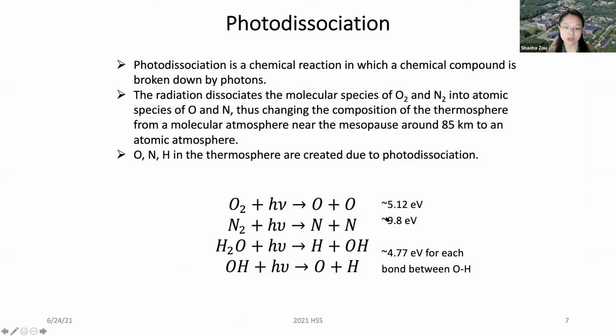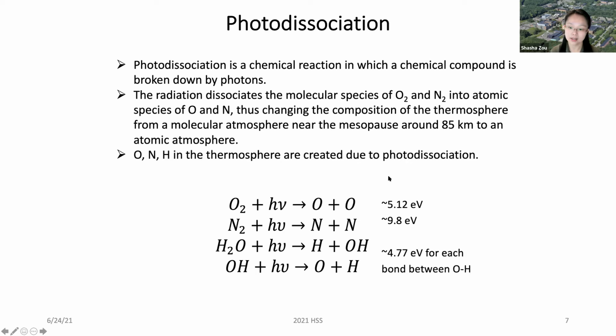So here this one shows the chemical reactions of the photodissociation. Actually, this should also be hν here, like the photon frequency. So when we have the solar radiation that hits one of those molecular species, those molecular species will become two atomic ones. And during this process, they will absorb some part of the energy from that photon, right?